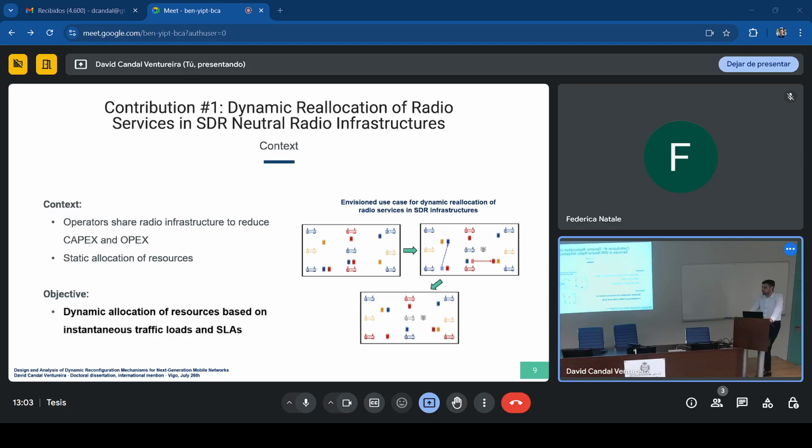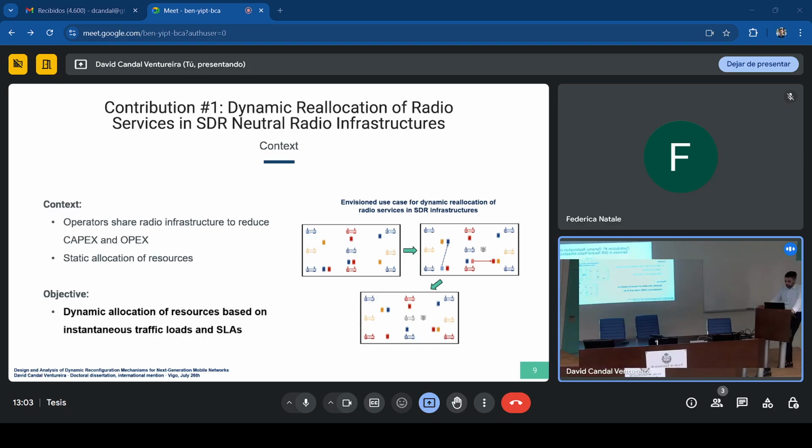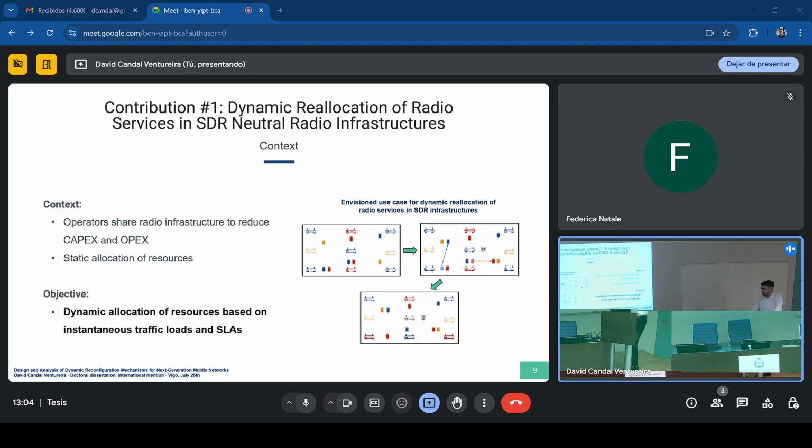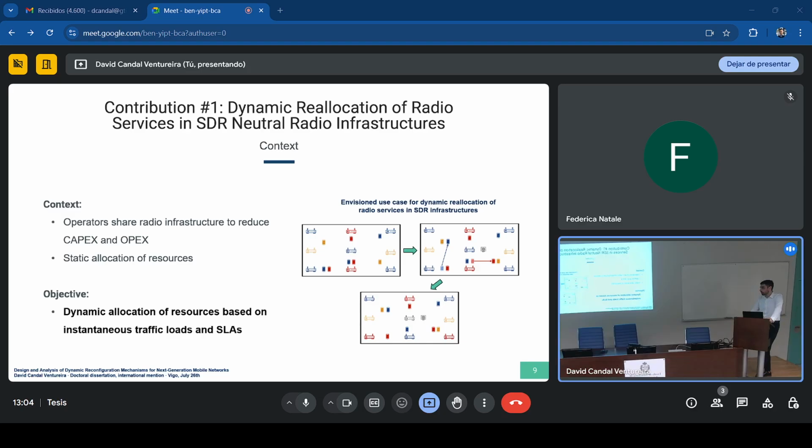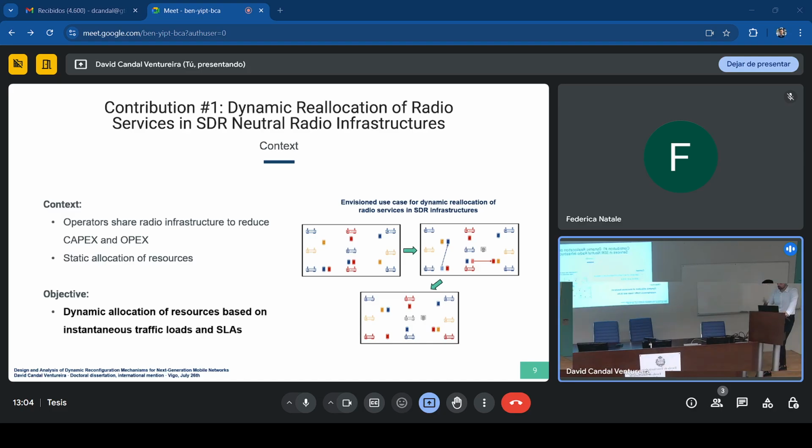It is relevant, but maybe this could be triggered by a communication between the operator and the infrastructure provider, and the operator may be able to tell if the user is going to have a longer connection if they know which services are being consumed by the user.